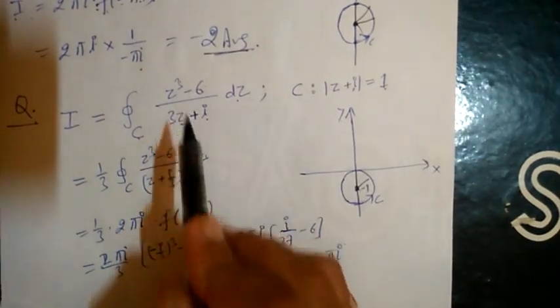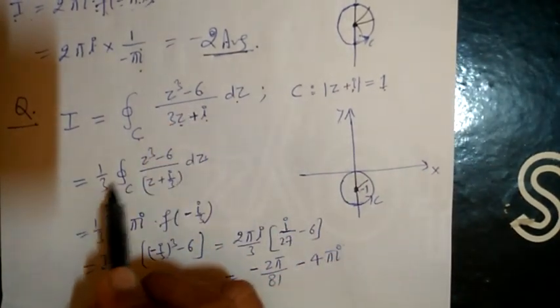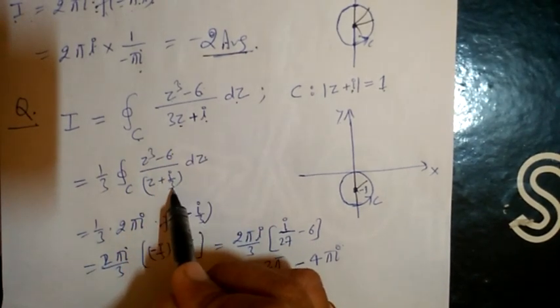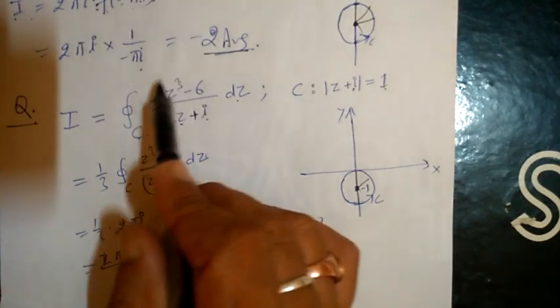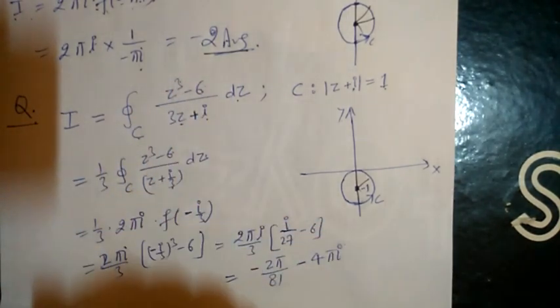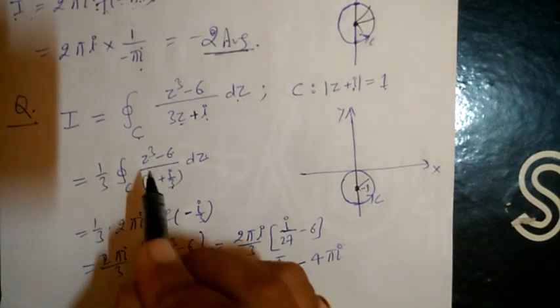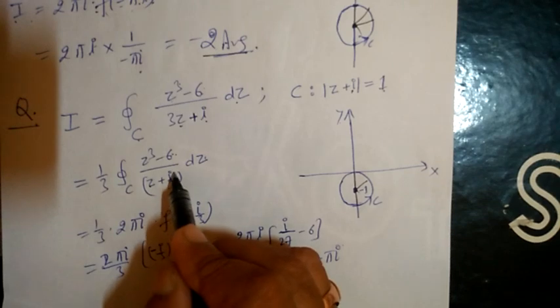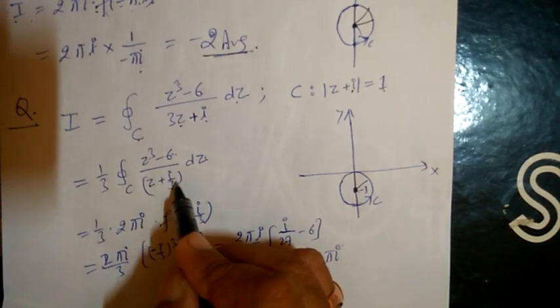So this given integral is rewritten into the form of 1 upon 3 integral of (z to the power 3 minus 6) upon (z plus iota upon 3), because we convert the given integrand into the form of f(z) upon (z minus z naught). So f(z) is z to the power 3 minus 6, and z naught is minus iota upon 3.